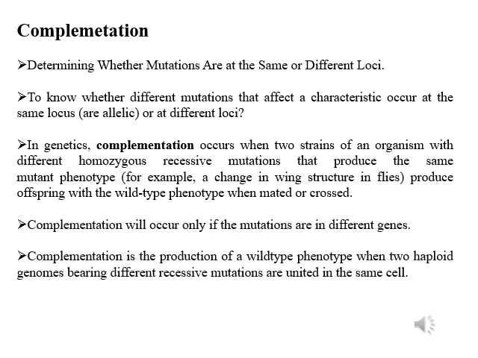Complementation occurs when two strains of an organism which have different homozygous recessive mutations, and are mutant phenotypes by themselves, are crossed, and the progeny are wild type phenotype.